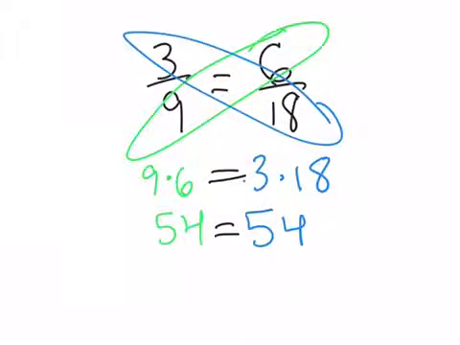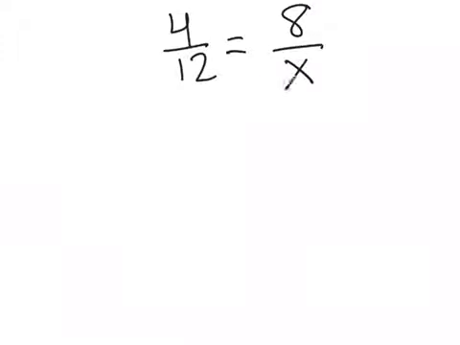All right, so let's go into some examples where we don't have the full proportion. We're missing some parts. Here's an example. 4/12 equals 8 over something. When we don't know a number in math, we're going to use a mystery variable.